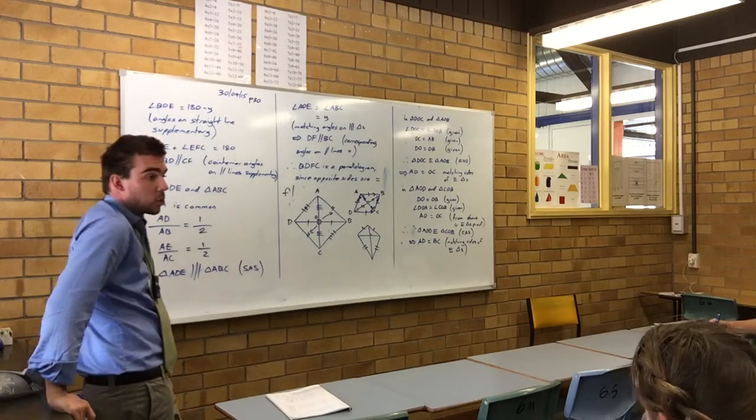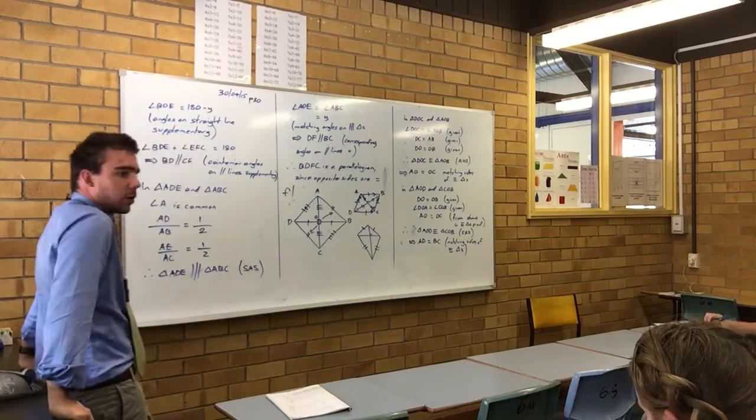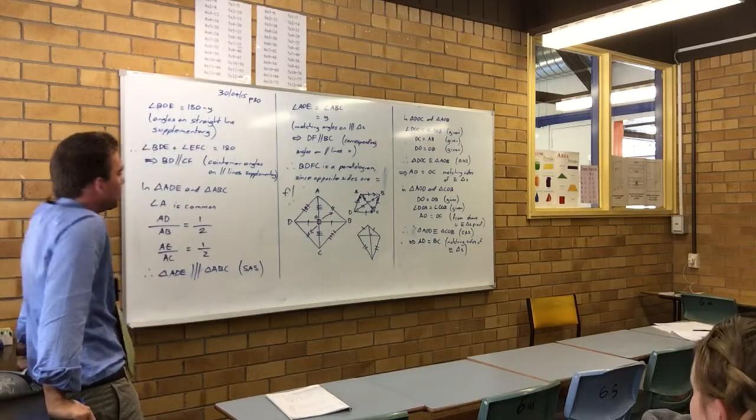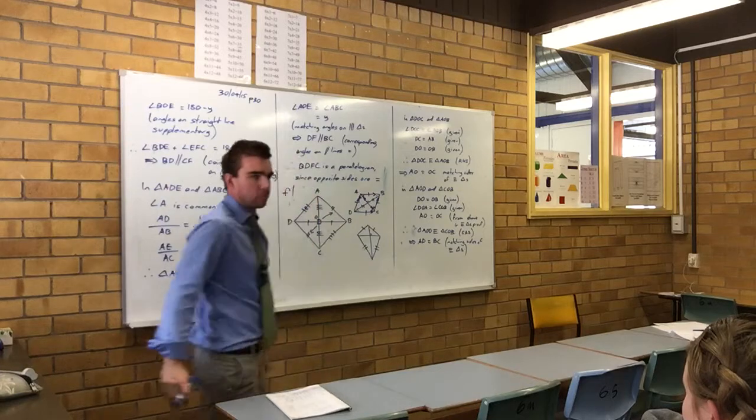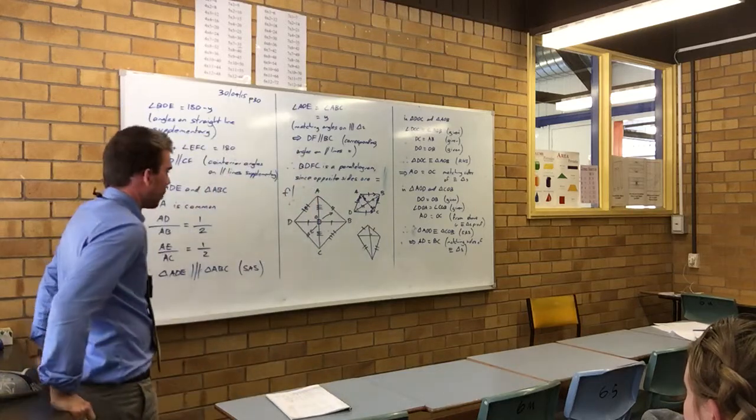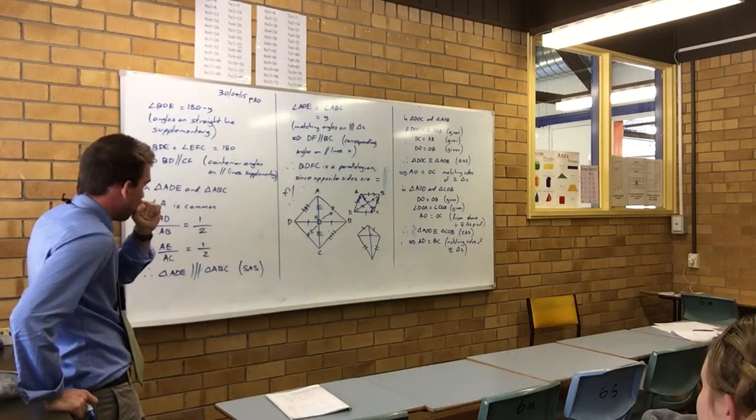Okay, so in a rhombus, the diagonals are not equal. So we're not going to show these two sides are equal. If it was a square, that's what we do. But in a rhombus, the diagonals are not equal.